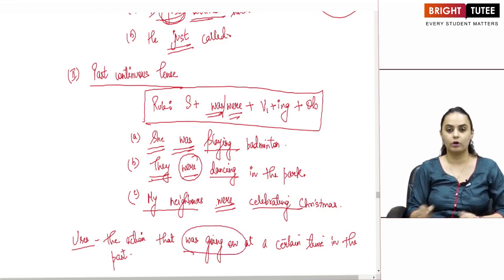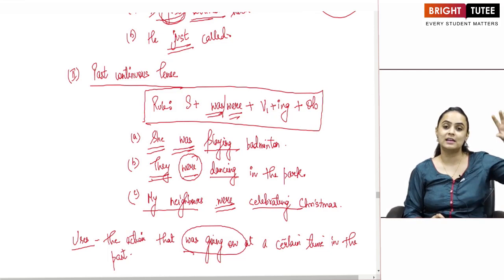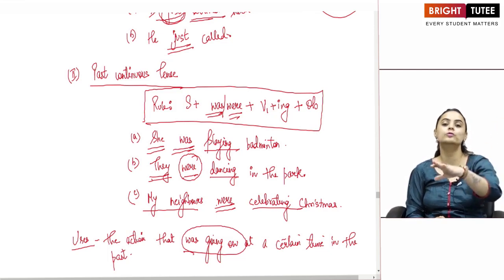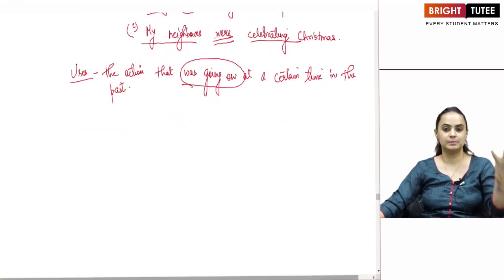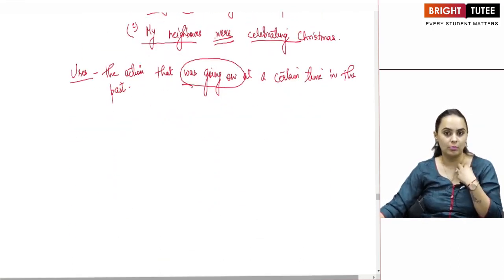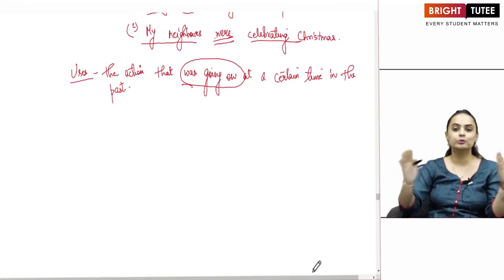Was going on means some action which continued for a long time in the past. Okay. Something that did not just begin and end that very moment. Something that continued for a long time.